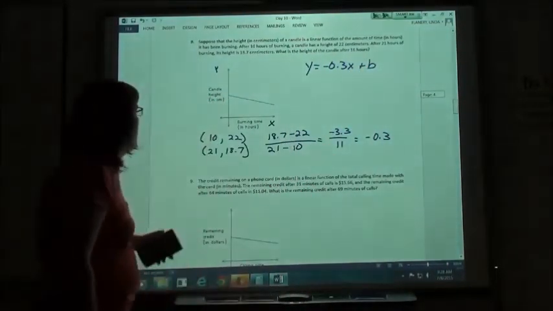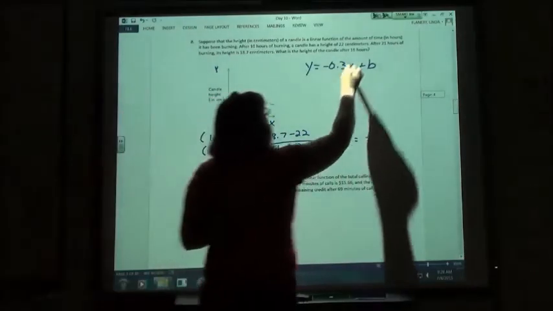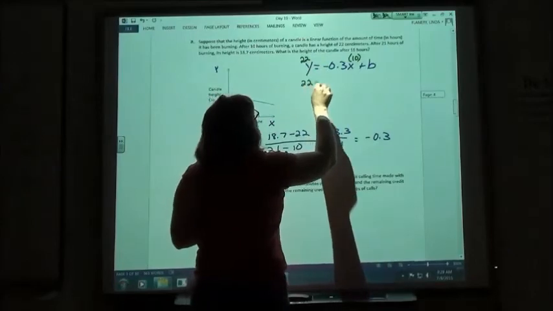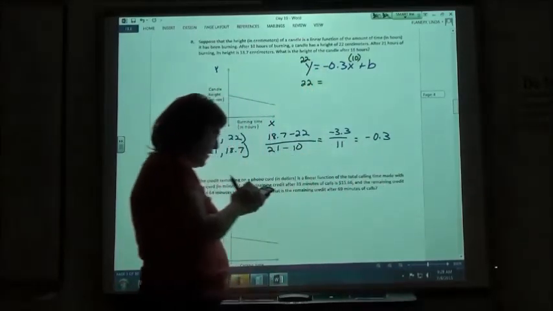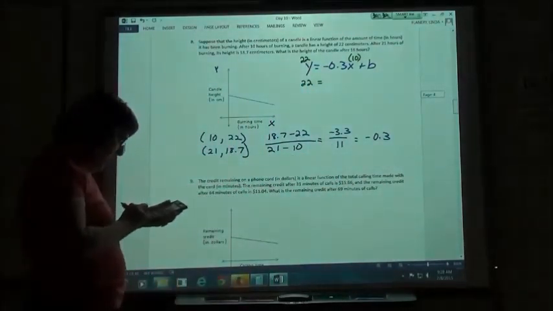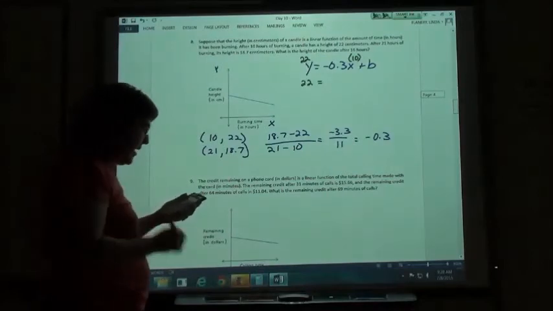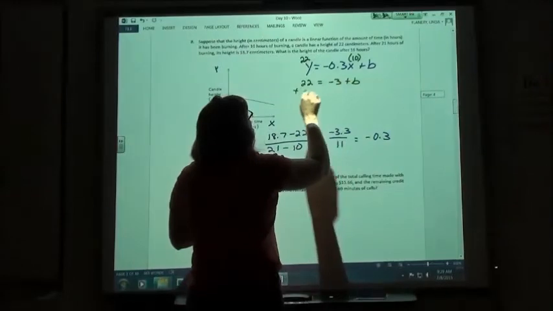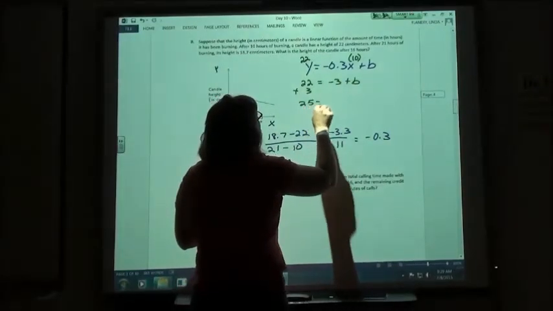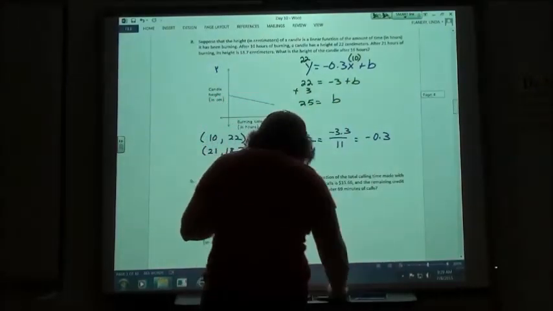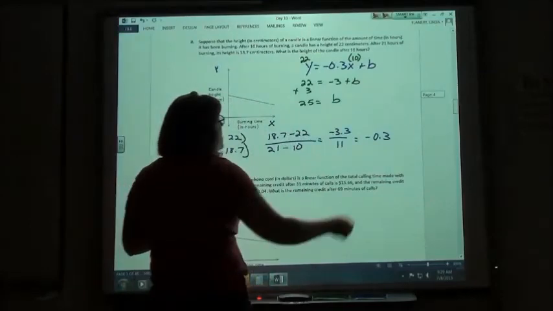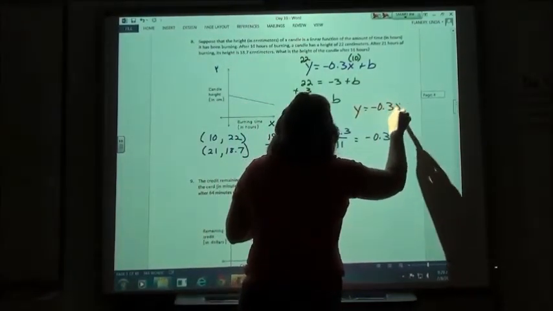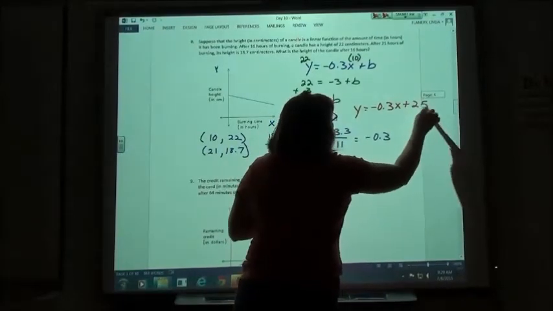I'm going to use this top point, 10 for my x, gives me 22 for my y, so 22 equals, if I take negative 0.3 times 10, I get negative 3. If I add my 3, I get 25 for my b value. So my equation is going to be y equals negative 0.3x plus 25.